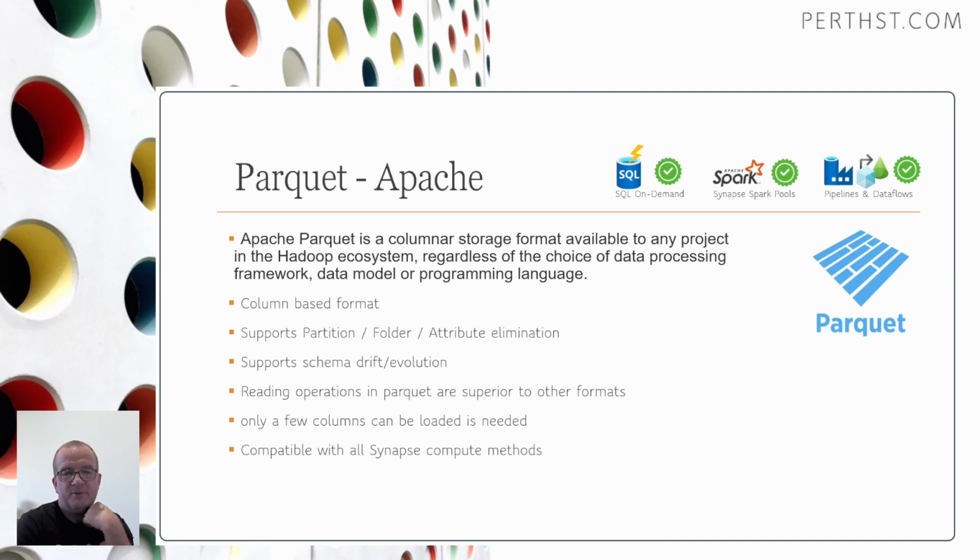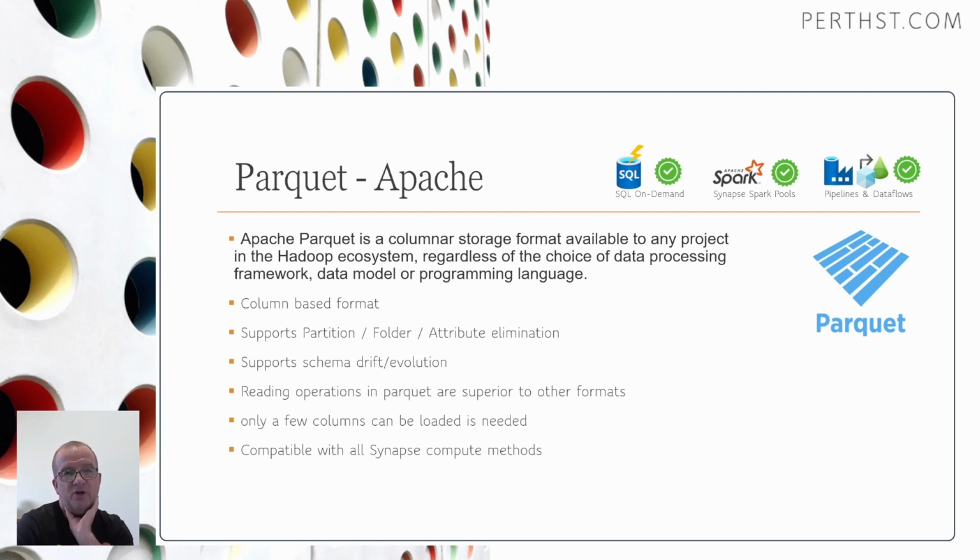So Parquet from Apache, the official line is: Apache Parquet is a common storage format available to any project in the Hadoop ecosystem. For the purpose of Synapse Analytics and the Microsoft ecosystem, this is our most compatible file type, compatible natively with SQL on Demand. We can access Parquet files through Spark Pools, and we can also access Parquet files through pipelines and data flows.